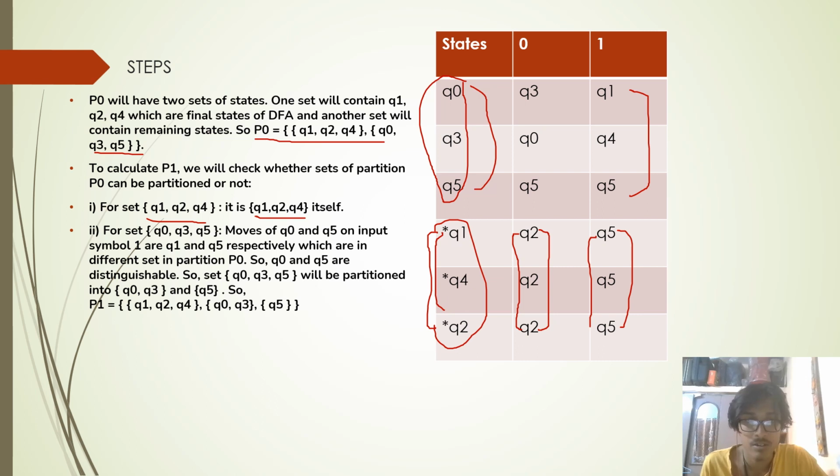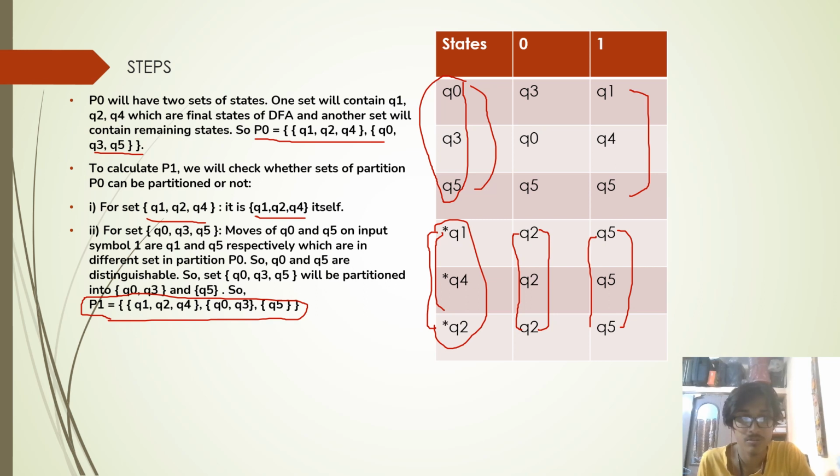Therefore these two get partitioned, and Q3 and Q0 are not distinguishable. This is how P1 looks. Q5 has been partitioned from Q0 and Q3.